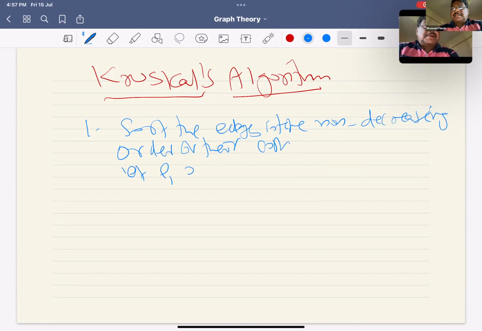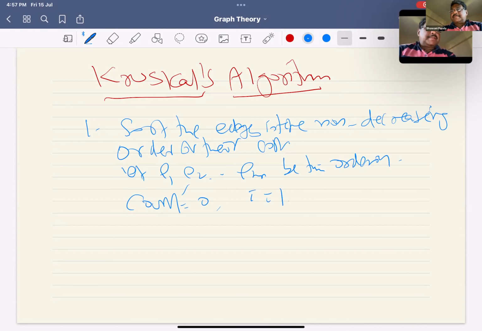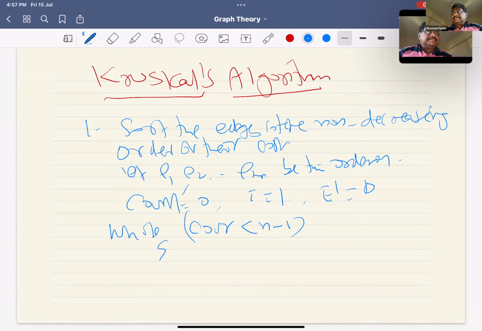Let E1, E2, up to EM be this ordering. So you maintain a count, and I is equal to 1. And while count is less than n minus 1, you do the following. E dash is equal to the empty set.